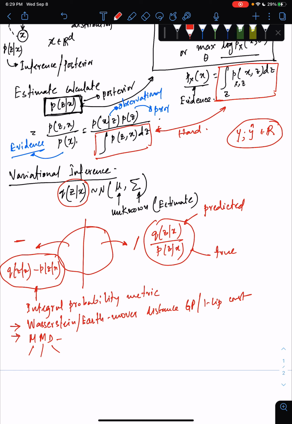What those are and how to do it, I don't want to discuss in this lecture, but I just want to give you a brief overview that this is not the only form where you can calculate the difference between two distributions. We can also do it using the minus sign.